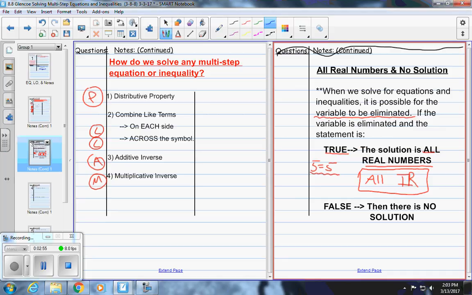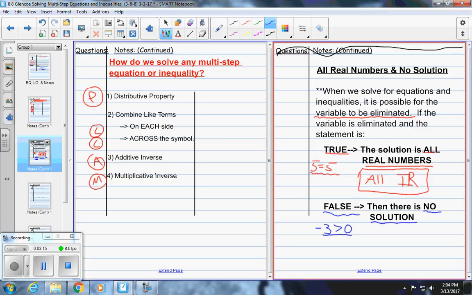If we end up with a false statement on the final line, so it could look something like -3 is greater than 0, then, if the variable disappears and we end up with a false statement, it turns out that the problem actually has no solution.